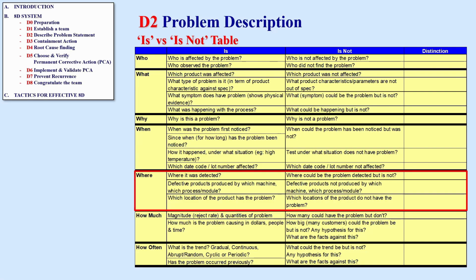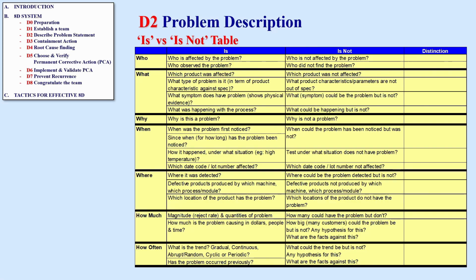Versus defective products not produced by which machine, which process, or which module. Lastly, the questions focus on the section or area of the product. Which location of the product has the problem? Versus which locations of the product do not have the problem?